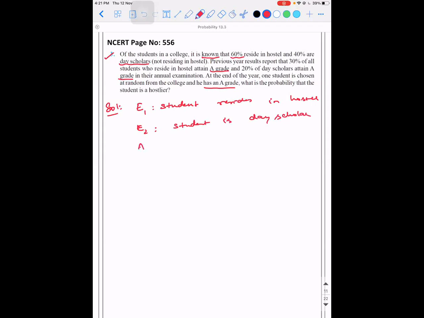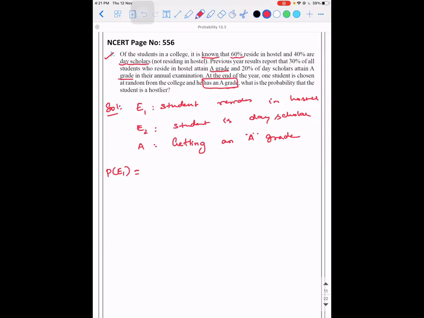What is the event A? What is the event we are concentrating on? Getting an A grade. So what is the probability of E1? What is the probability of the student to be a hostler?